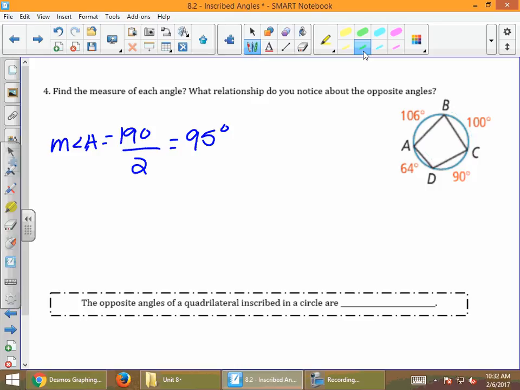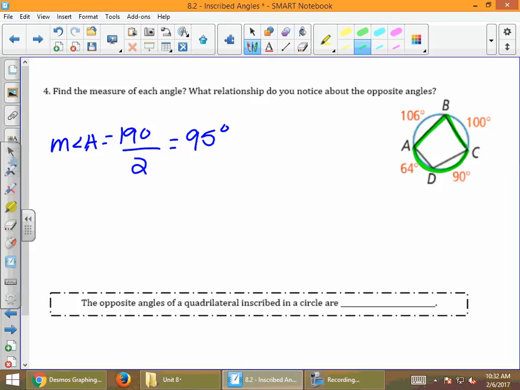Same concept. What angle do we want to find next? We found A. What's the next one we want to find? B. So highlight the angle. Again, when the angle is missing, find the arc. How can we find the measure of that arc? Same way as we do the other one. Part of it's 64, the other part's 90. What can we do with those measures?